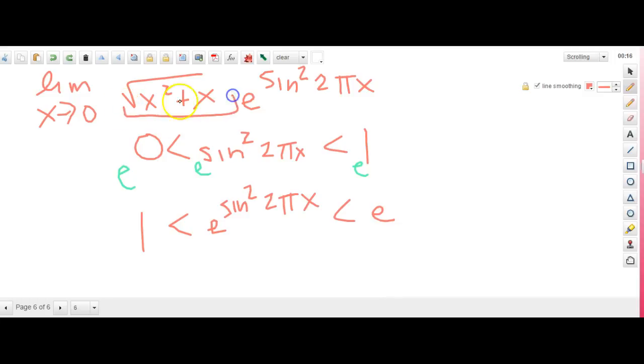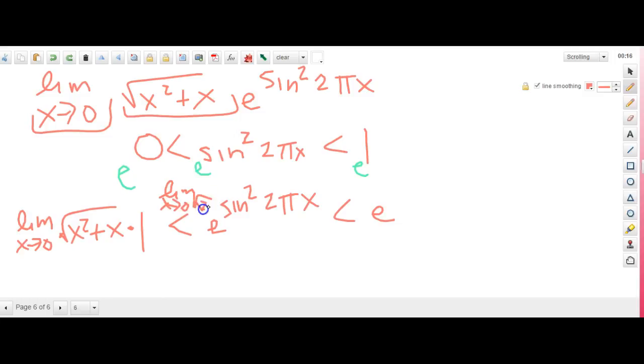You're going to put the square root piece in, you're going to put the limit piece in. So it'd become limit as x approaches 0 of the square root of x squared plus x times 1. Limit as x approaches 0, square root of x squared plus x times e to the sine squared 2 pi x, and limit as x approaches 0, square root of x squared plus x times e.